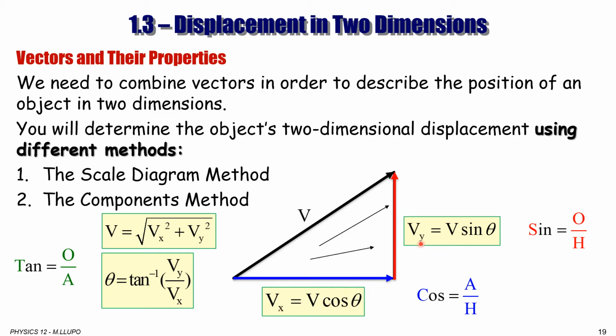Remember, it is not about y or x, it's about what is in front of the angle and what is beside the angle that tells you to use sine or cosine. And the rest is the same. If you have two components, you can use the Pythagorean theorem to find the magnitude of the vector, or you can calculate the angle that the vector forms with the x-axis in this case.